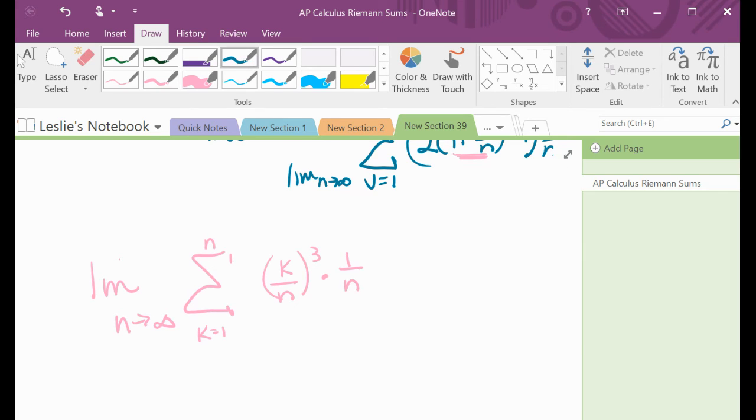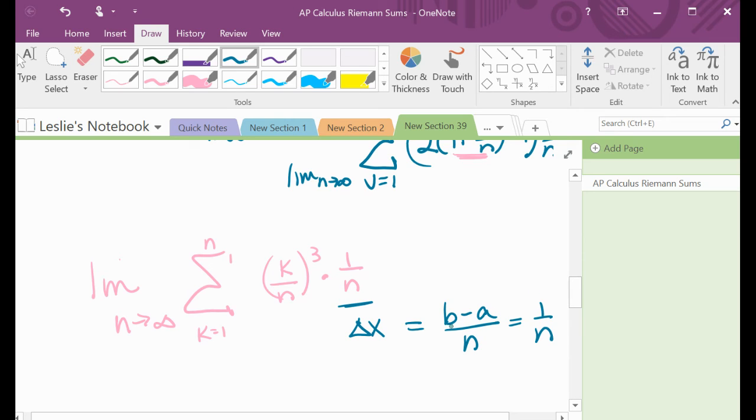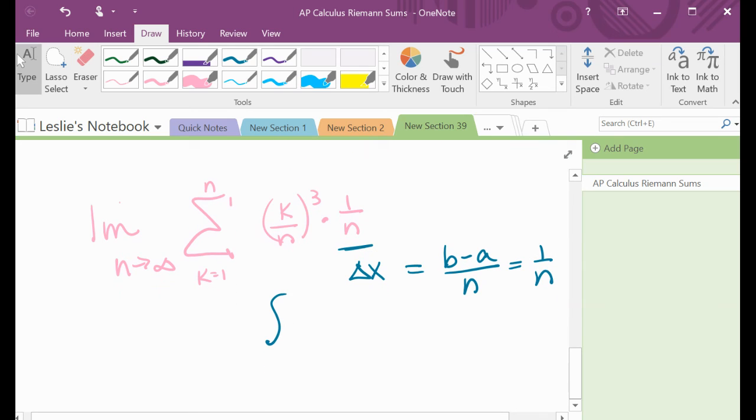So really what we're doing is we're matching it to that standard notation for it. This is going to represent delta x. And so what that means is that b minus a over n has to be 1 over n. So the bounds on the integral have to be 1 apart. All right. And then this k over n cubed is simply k times delta x cubed.